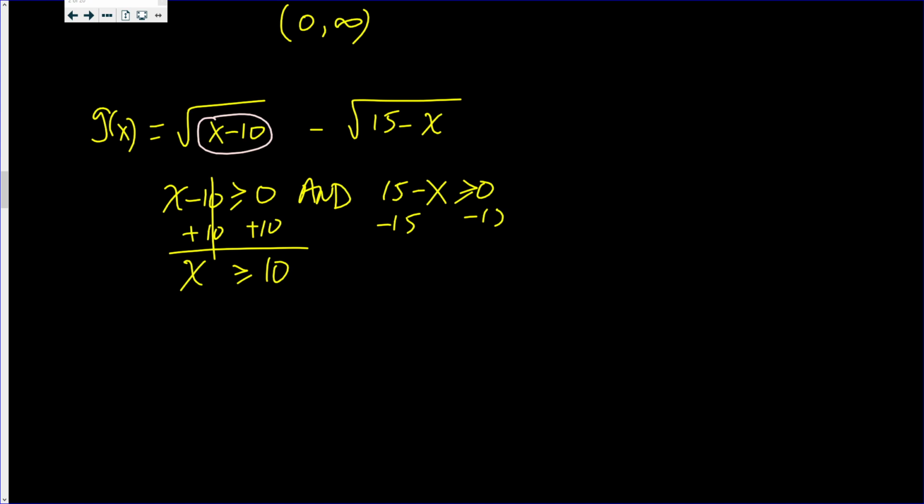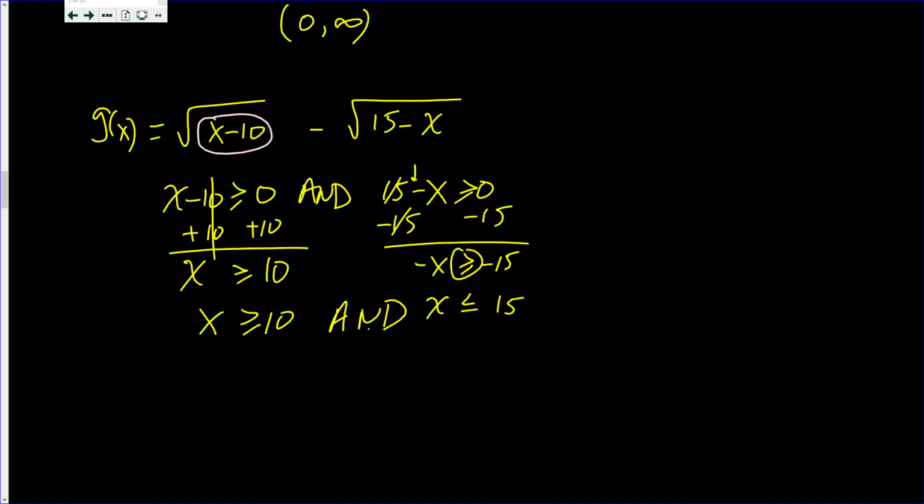Taking away 15 from both sides, don't lose the negative: negative x is greater than or equal to negative 15. I'm going to multiply both sides by negative 1, so I'll get x and 15. But if you multiply or divide an inequality by a negative number, you have to change the sign. So x has to be 10 or more and less than or equal to 15.